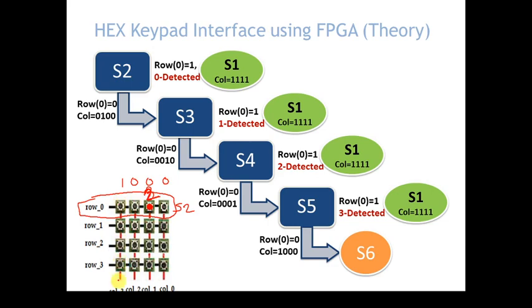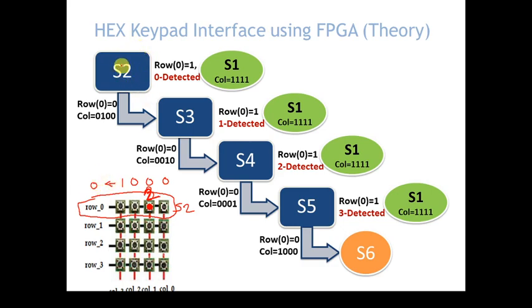Okay. So because of this, MSB of column 3 is 1 and the key is already pressed. So this key 2 is pressed, correct? Key 2 is pressed as we assume. So row 0's value is definitely 0 in this condition.